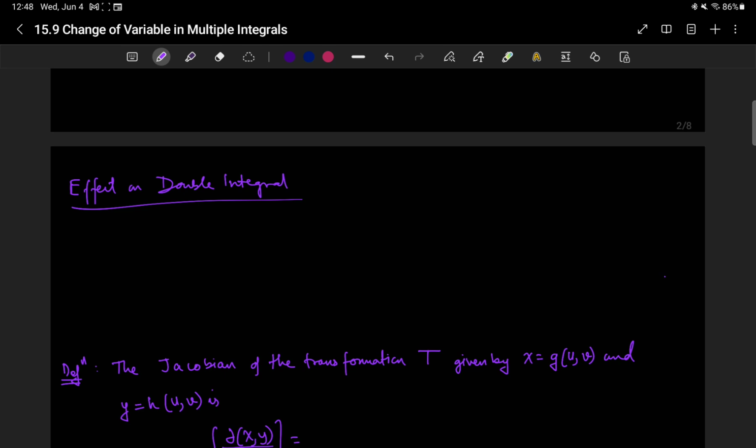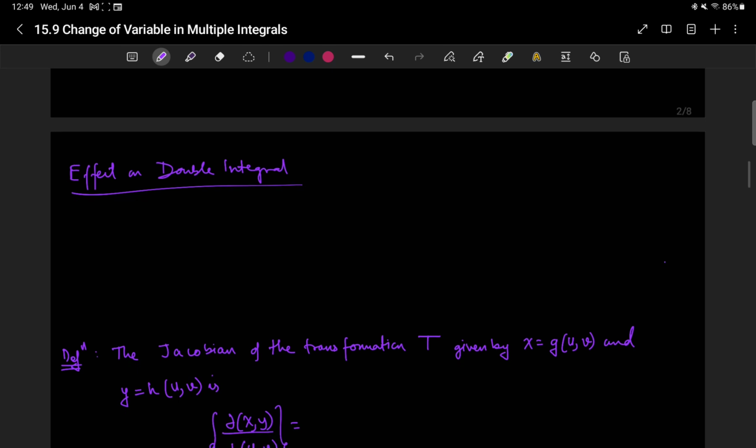So the next question is, what is the effect on the double integral of doing this? What happens when you apply these generic changes in the double integral is that instead of having a nice flat rectangular region, you will have a region that is possibly a little bit curved.